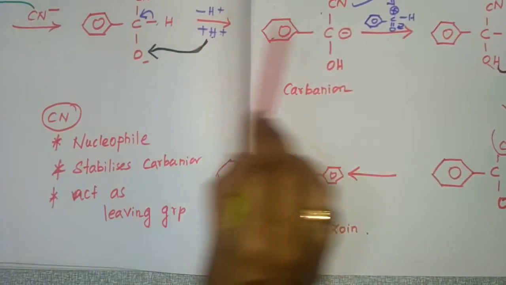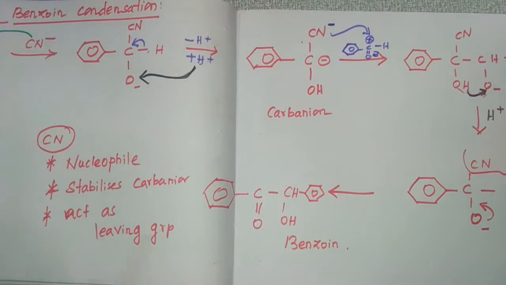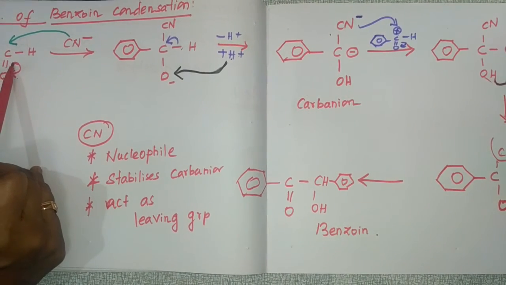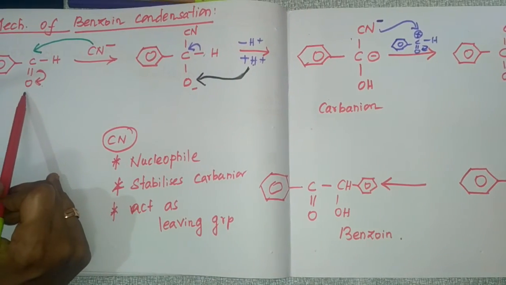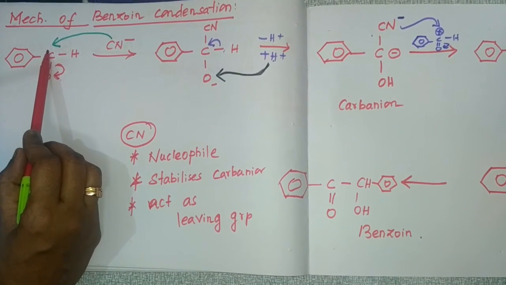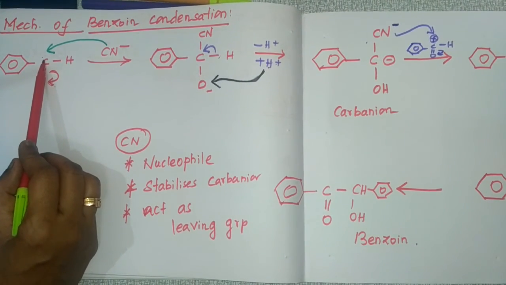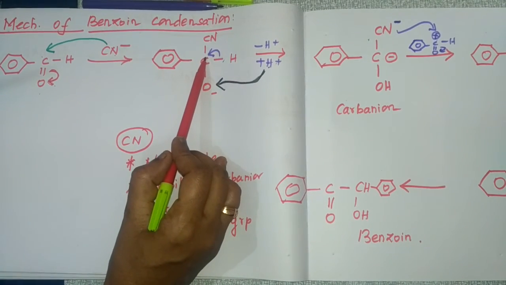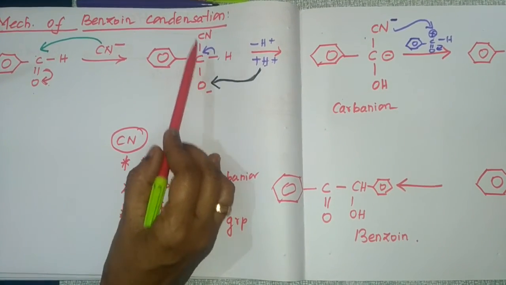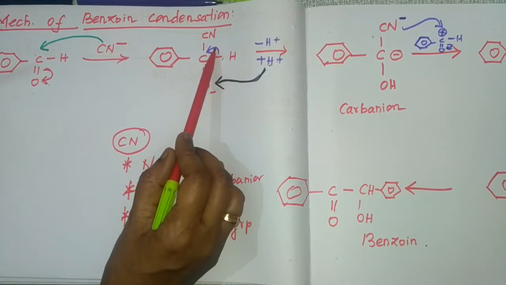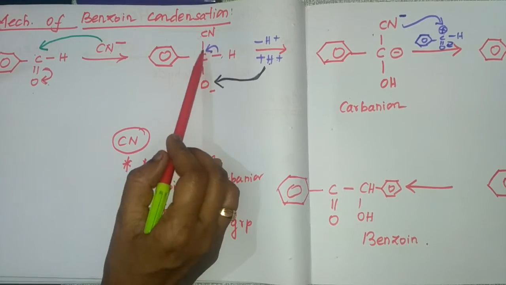So this is the mechanism of benzoin condensation. In this, oxygen will take the electrons and become negatively charged, and carbon will become positively charged. This positively charged carbon will be attacked by the cyanide, so that is shown here. Next, this is the electron withdrawing group, so the cyanide will take the electrons.